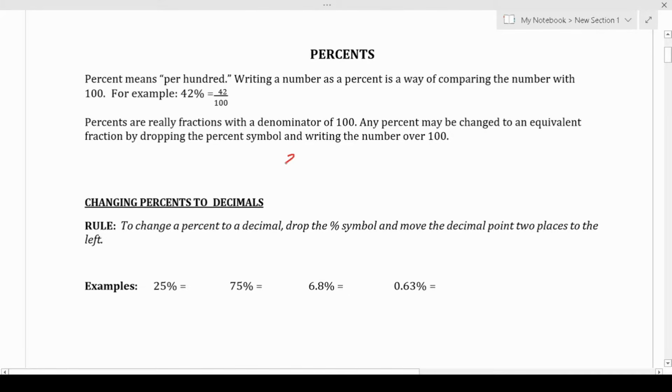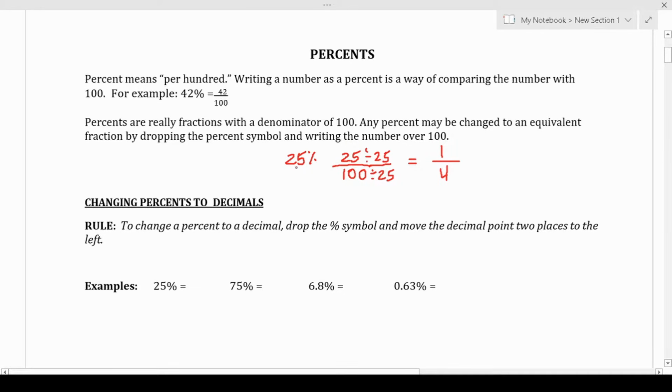So 25% is the same as 25 over 100. Of course, as I discussed in my video on fractions yesterday, we would go ahead and reduce this since it is a fraction. More specifically, we can divide the numerator and denominator by 25. 25 divided by 25 is 1. 100 divided by 25 is 4.